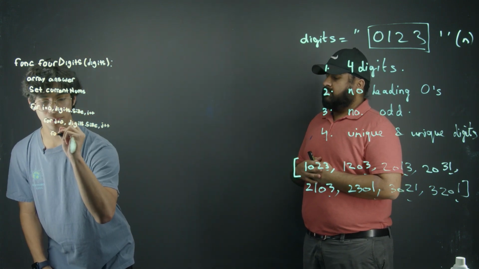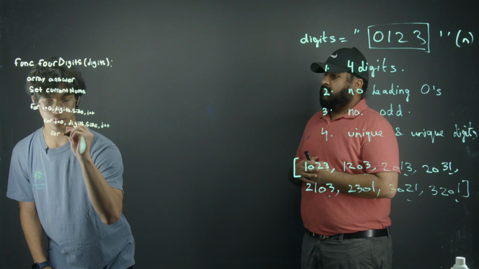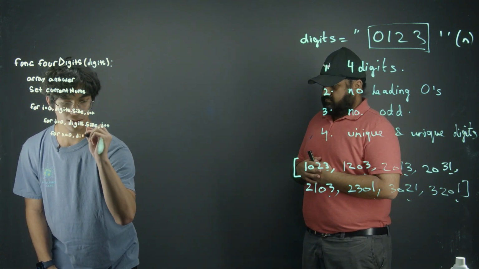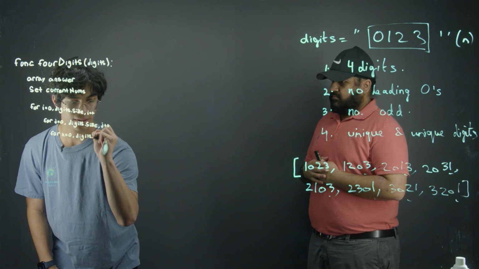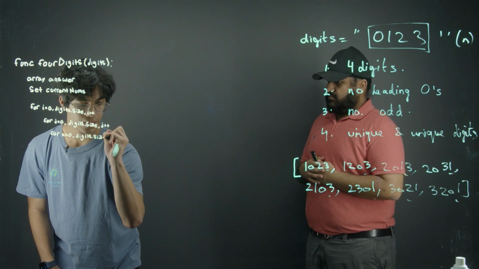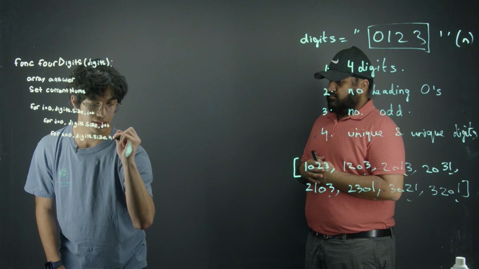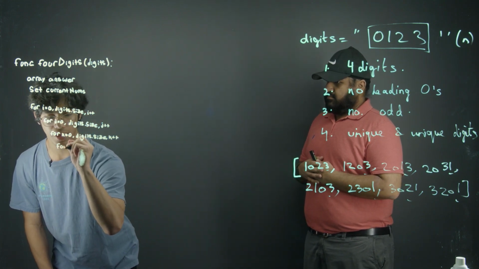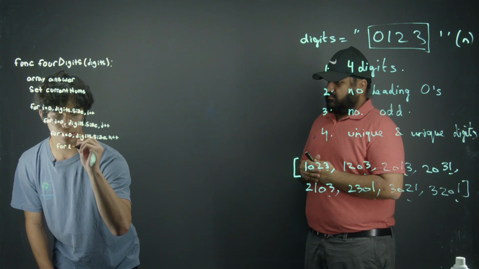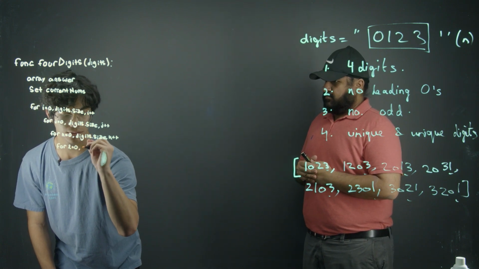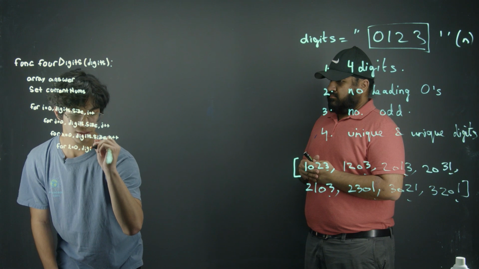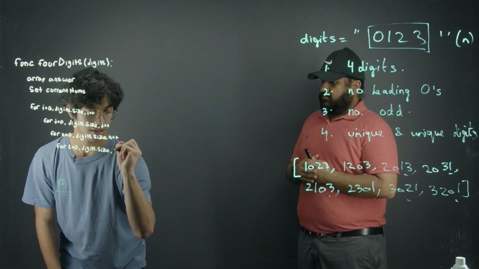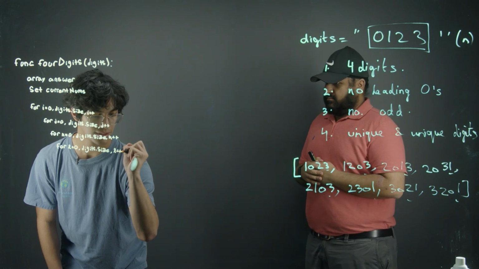And then another time for the third index, for k equal to 0, again up to the size, and then we're going to increment k. And then one more time for the last index, which we'll call l, from 0 to digits.size, and then increment l once.